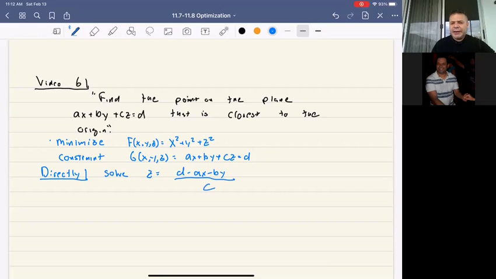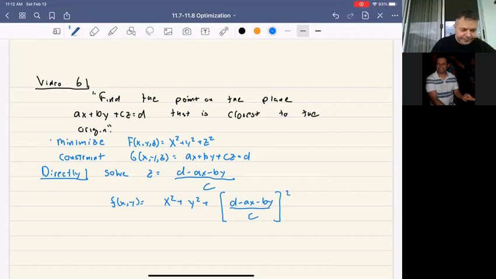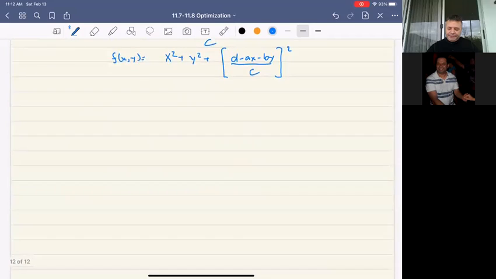And we're going to plug that in. So we're going to get some f of x, y is x squared plus y squared plus d minus ax minus by divided by c, squared. Okay, we're going to find the critical point analysis and do it like so. That one's a pain. Okay, so let's do the Lagrange multiplier way.